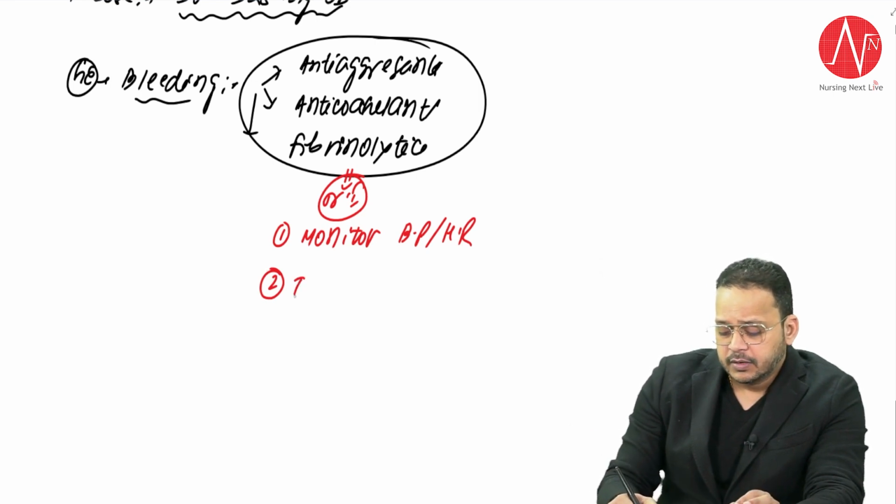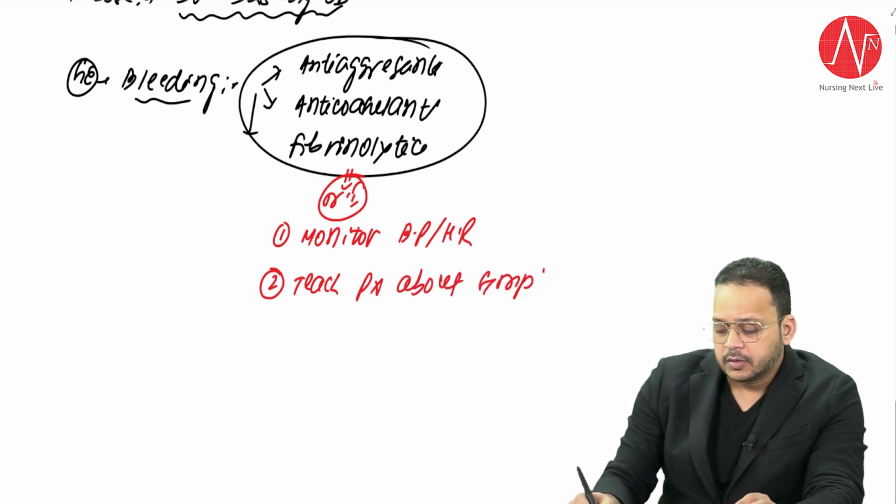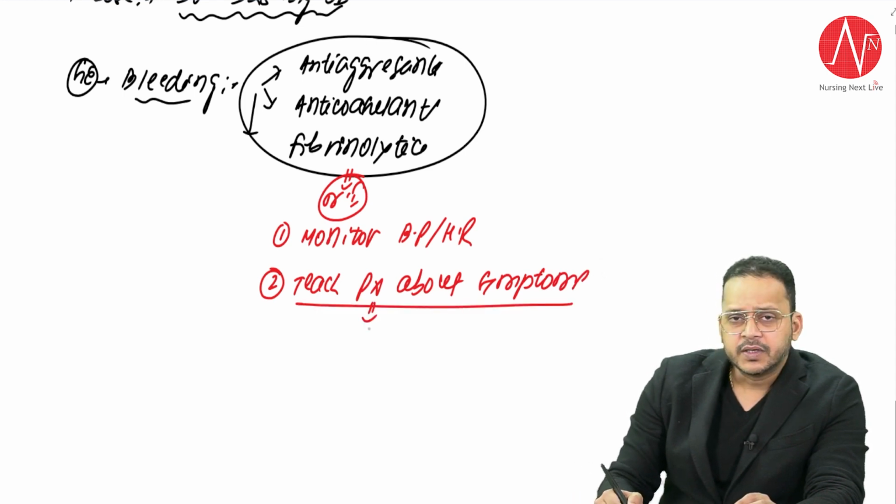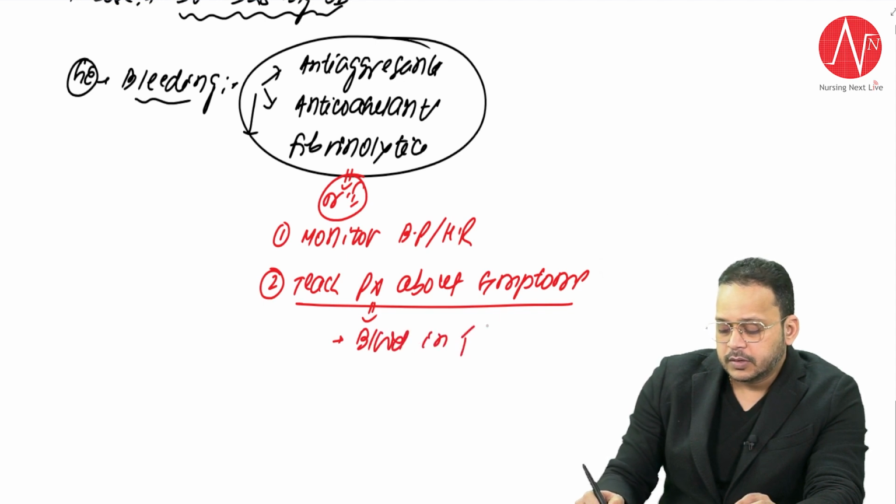Second, teach the patient about different symptoms of bleeding. For example, blood in stool or vomit, right?